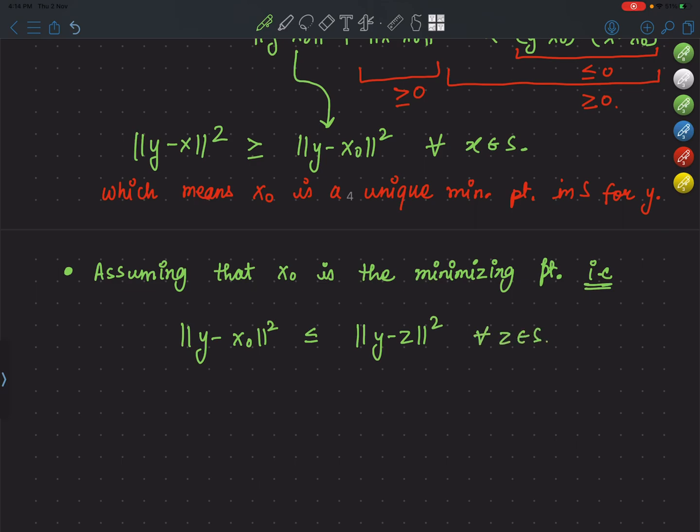So the distance of x₀ from y is less than the distance of all the other points from y.